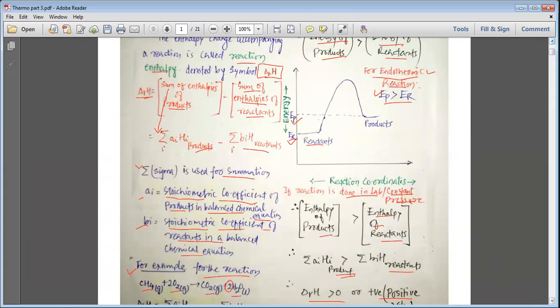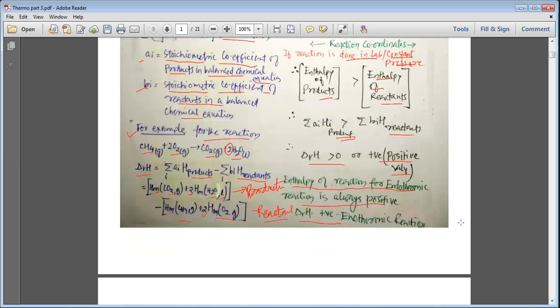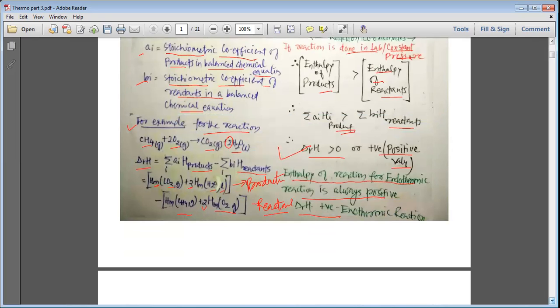We have seen that for endothermic reactions, the energy of products is greater than the energy of reactants, or we can say the enthalpy of products is more than the enthalpy of reactants, and that is why for an endothermic reaction the value of delta H is always greater than 0, a positive value.